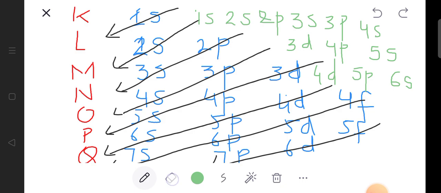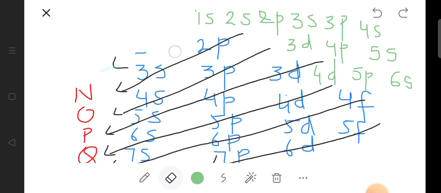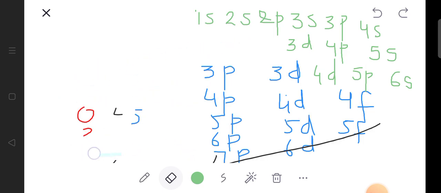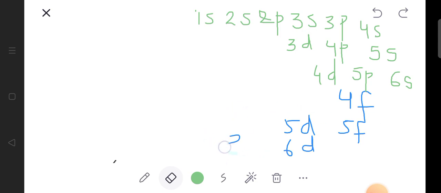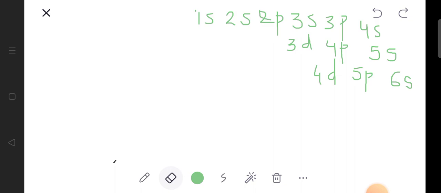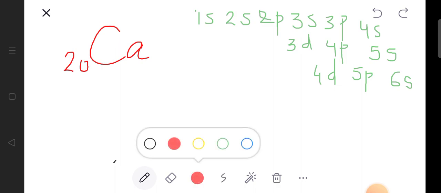Okay. Now let's take an example of an element. We will take the example of calcium, which has an atomic number of 20, and we are going to arrange the electrons in these subshells. Calcium's atomic number is 20. Now start writing.